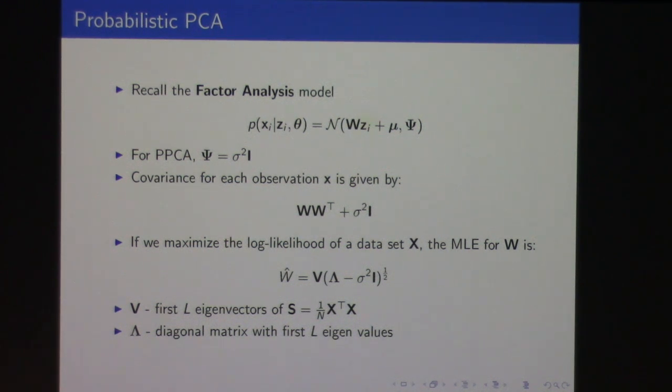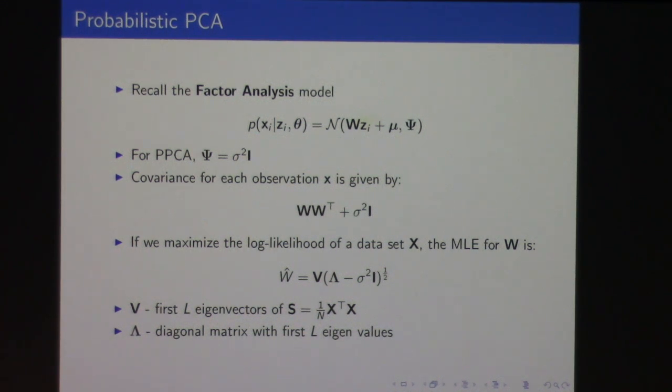Now, what is the difference between these two? The difference is that if you want to do PCA in the classical way, you will compute the covariance matrix, you do the eigenvalue decomposition, right? But if you do PCA using this probabilistic PCA way, you can learn this W not using eigenvalue decomposition, but by maximizing the log likelihood. So you can actually do EM.